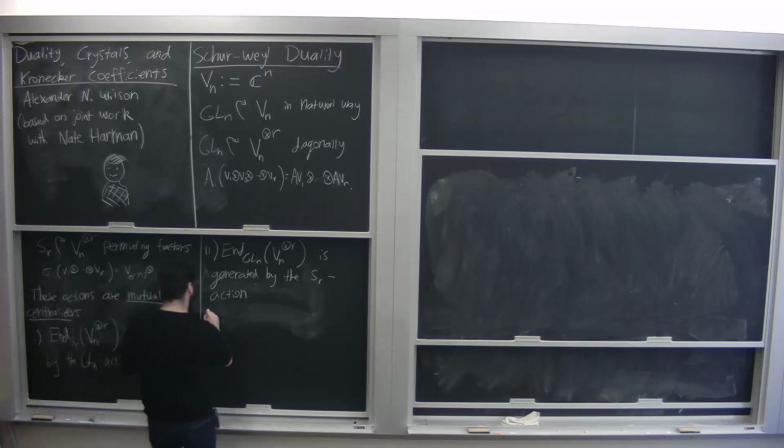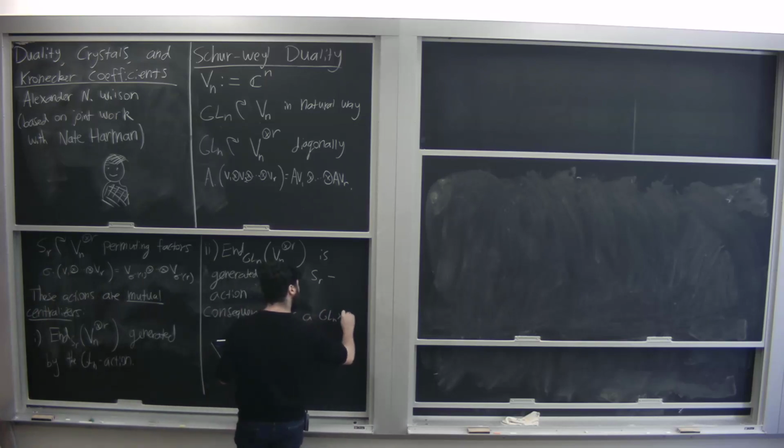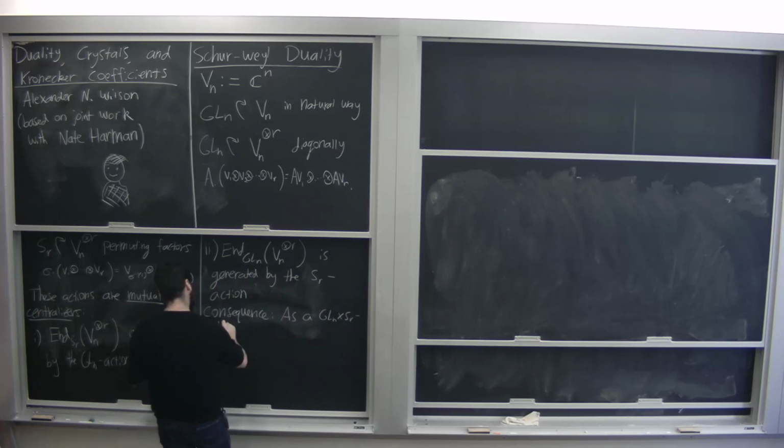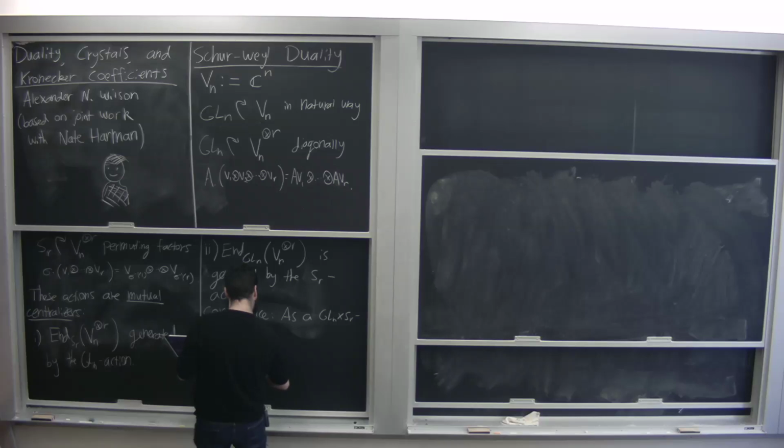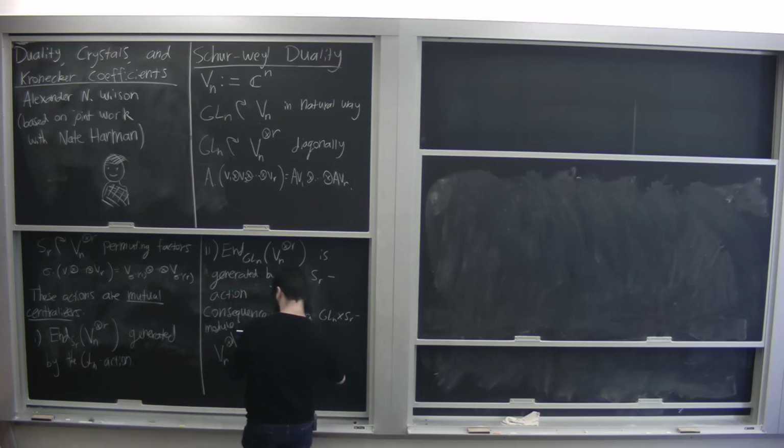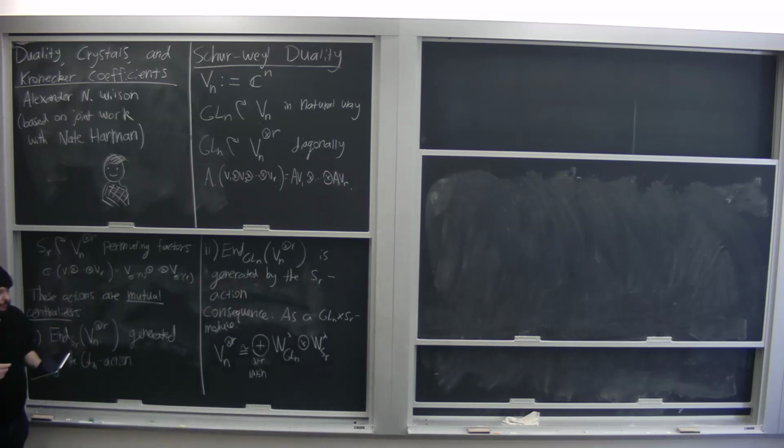And the important consequence of this when it comes to representation theory is that as a GL_n cross S_r module, this tensor power decomposes as a direct sum over integer partitions of r with length at most n into pairs of irreducibles, one from GL_n, one from S_r, that are indexed by that same partition.